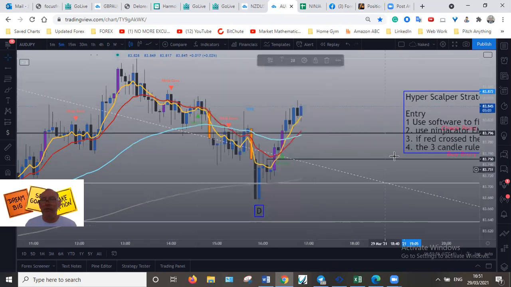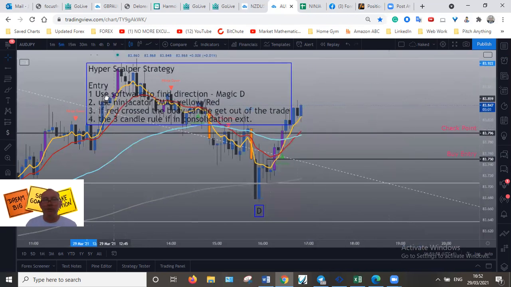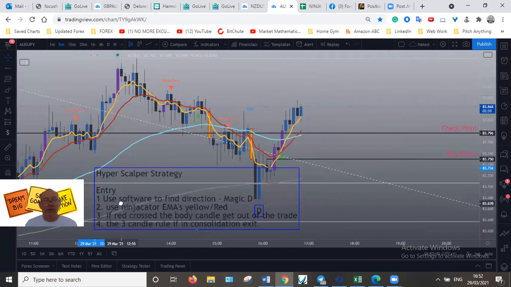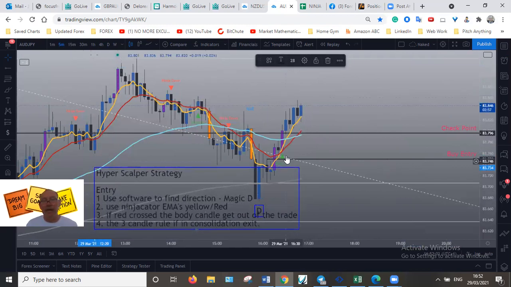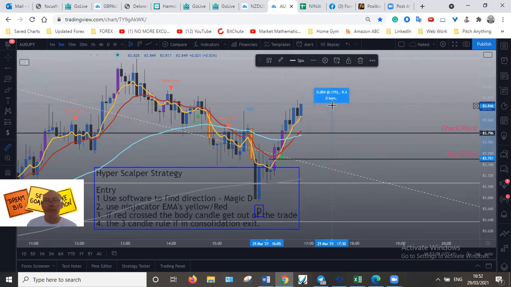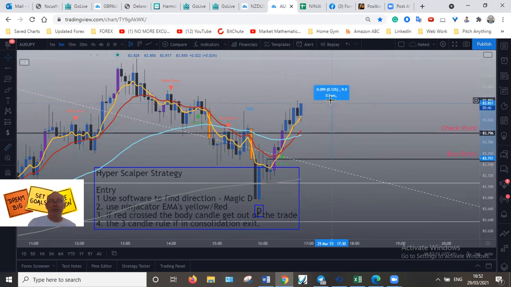Okay, so I can play about with that a little bit more. So you see that down there. The entry candle, when it's going up nicely, so we're in profit, we just stay in the trade. It's just around about 9 pips.